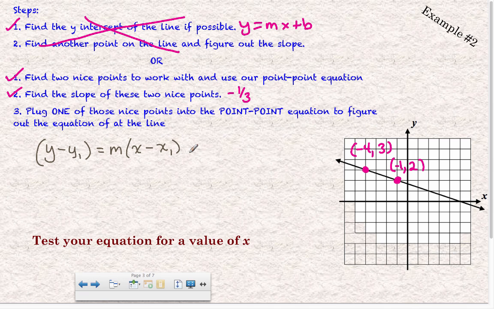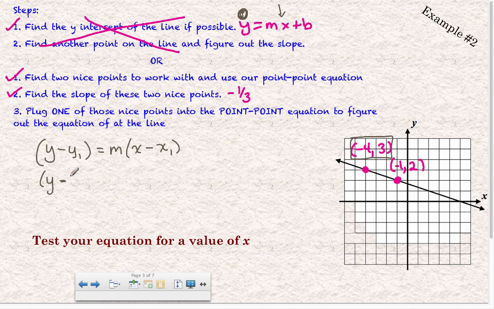Now, when we write an equation of a line, we always have to have an x and a y, because an equation of a line represents the relationship between x and y. Y, that's this y right here, minus, now I'm going to pick either point. Which point do you want to use? It doesn't matter. I'm going to use this point.